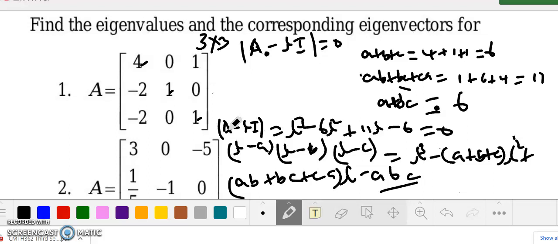So plug this in your calculator to find the values for lambda 1 and lambda 2 using your equation mode. You will find out that lambda 1 will be equal to 3, lambda 2 will be equal to 2, and lambda 3 will simply be, the calculator will give you these two values. So what you need to do is to find the remaining value.